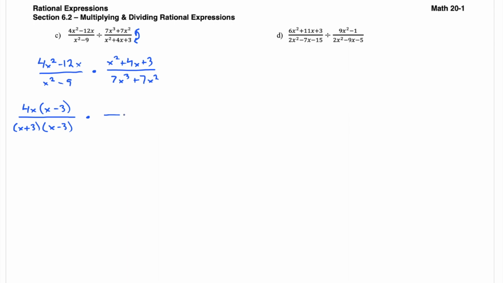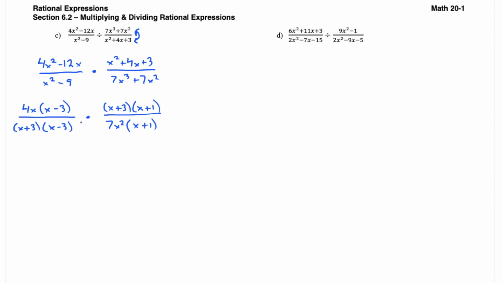And multiply that. This one here I can factor. I need a product of 3 and a sum of 4, so that'll be 3 and 1. So x plus 3, x plus 1. And in my denominator here, I can take out a greatest common factor of 7x squared. And so I'll have 7x squared, and that'll just leave me with x plus 1 in the denominator.